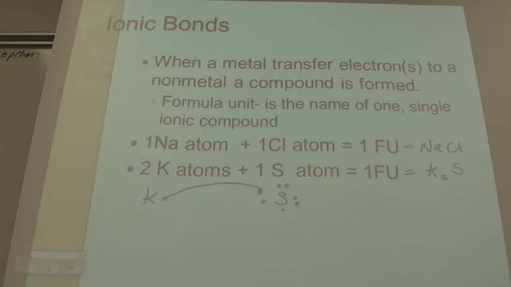Does that complete sulfur's octet? No, it doesn't. So it takes 2 of the potassiums for every 1 completed sulfur octet. You get that? The formula would then be K2S, because 2 potassiums are required to fill the octet for sulfur.